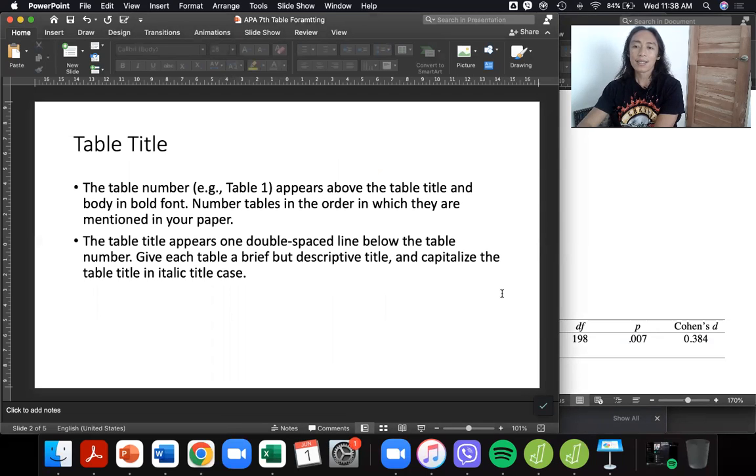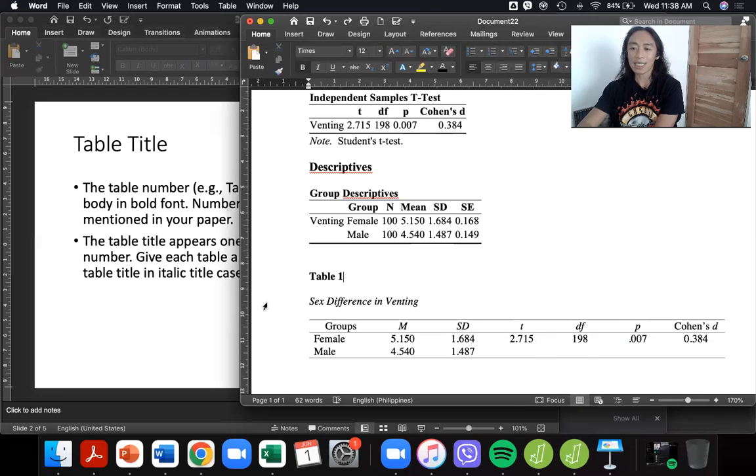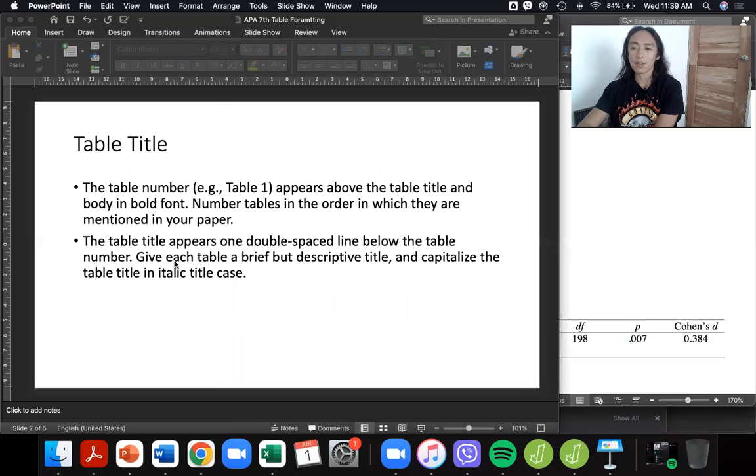So number one, the table number, for example, Table 1, appears above the table title in bold font. So we can see it here, it's above the table title, which is right here, and it is in a bold font. Number the tables in the order in which they are mentioned in your paper.